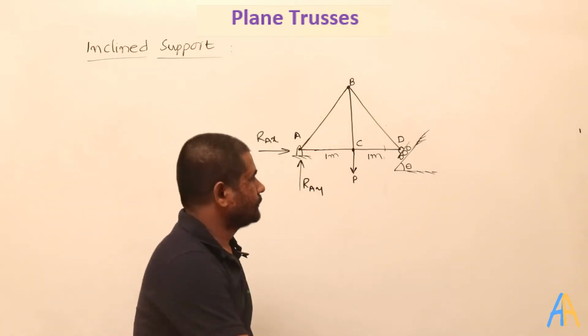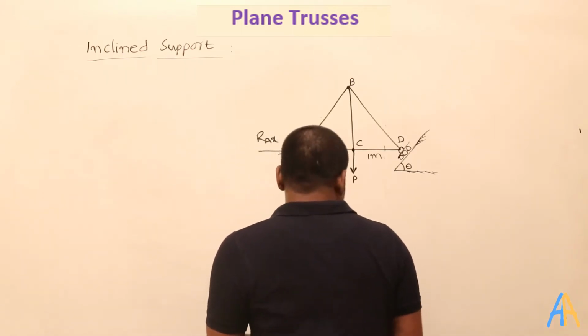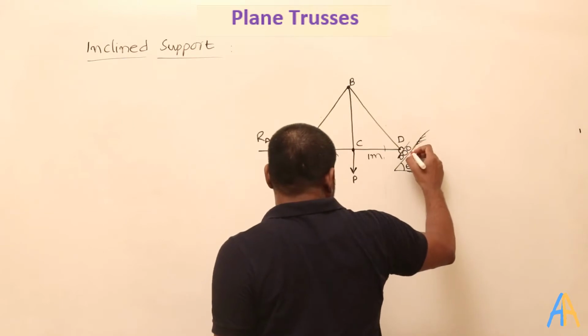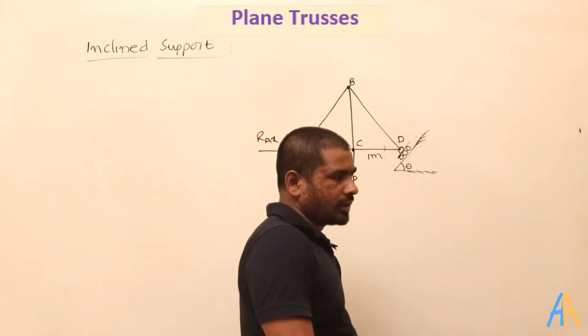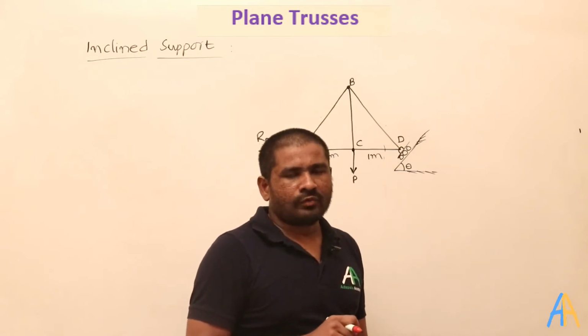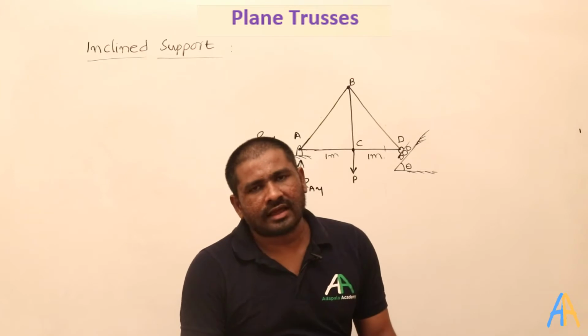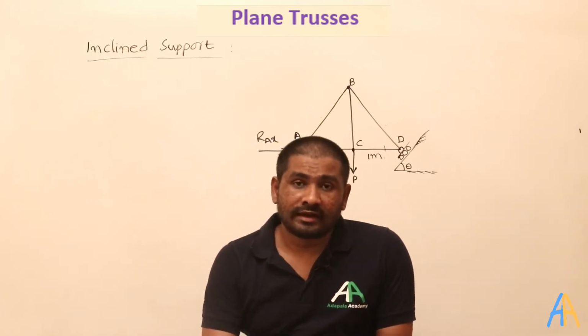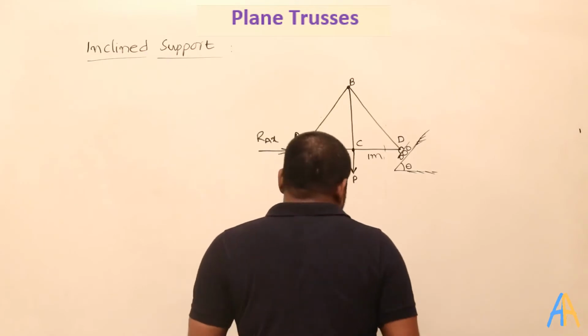And what about the reactionary force at D? The reactionary force at D is nothing but the normal reaction. How will you identify the normal reaction? The direction of the normal reaction is always perpendicular to the surface.